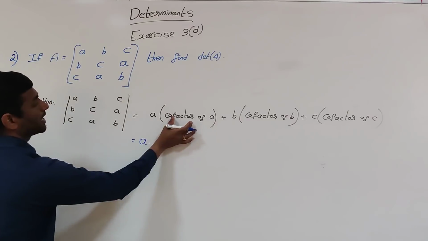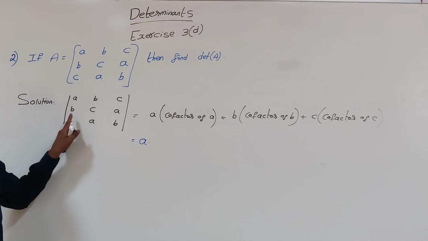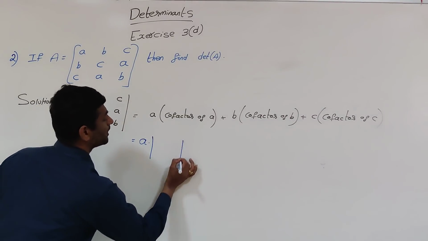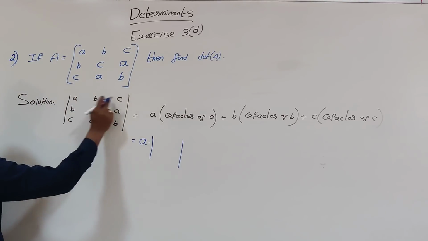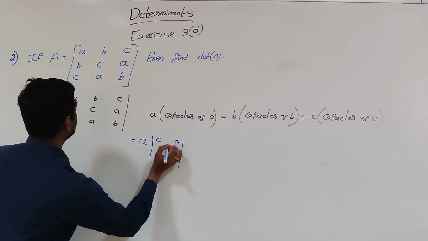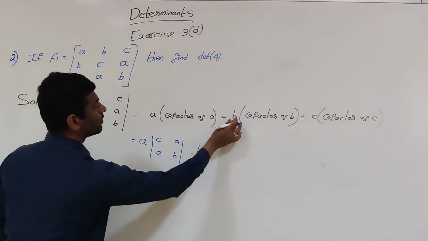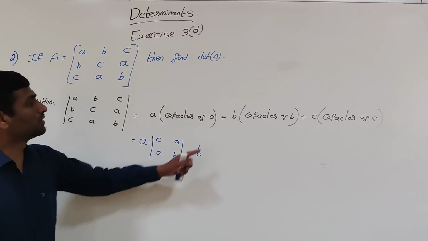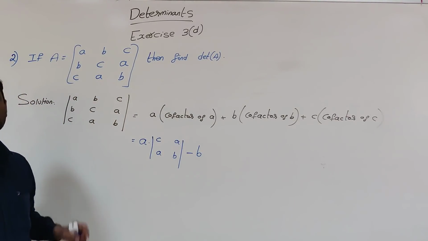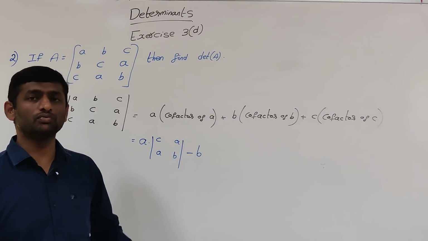Now A into the cofactor of A, which is multiplied with a plus sign. Minus 1 whole power of 1 plus 1 becomes positive, into the determinant of a 2 by 2. After hiding the first row and first column, you will be left with C, A, B, C. Minus B. Why is it minus? The cofactor of B is located in the first row and second column. It is minus 1 whole to the power of 1 plus 2, which is minus 1 whole cube, that is minus 1.